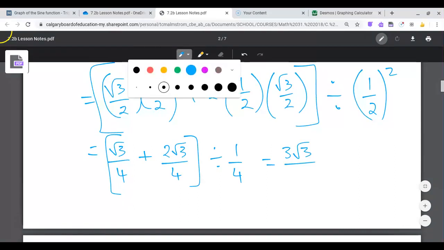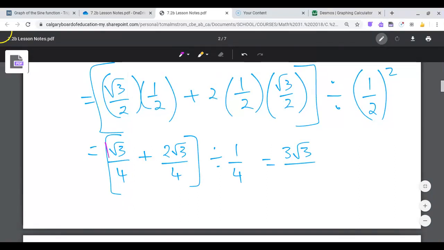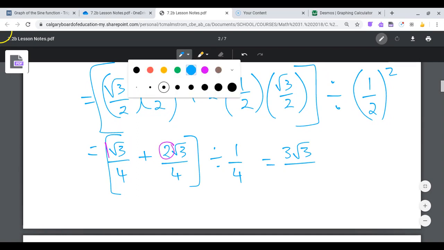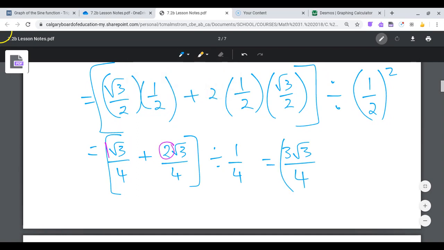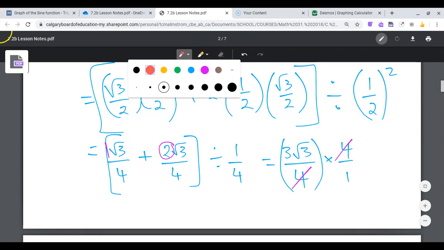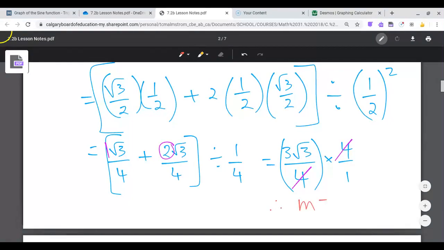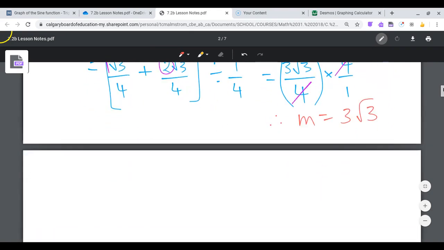So we're adding our coefficients there. 1 plus 2 makes our 3, with a denominator of 4, multiplied by, keep change flip, 4 on 1. So then my 4's can cancel, and the slope is then equal to 3 root 3. So that's just step 1, finding my slope.